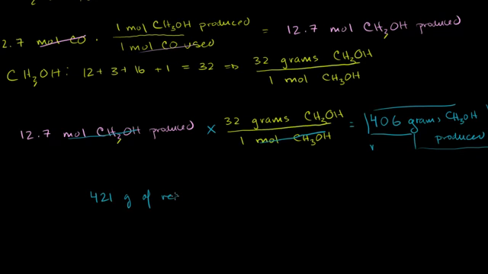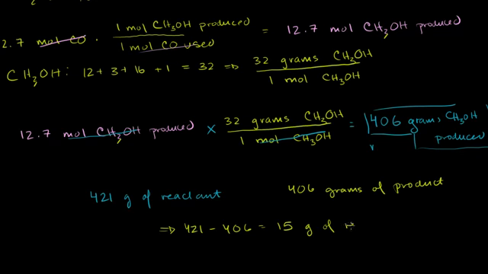And then we end up with 406 grams of product, of our methanol. So that means that 421 minus 406 grams of reactant was not used. So 421 minus 406, which is equal to what? 21 minus 6 is 15 grams of reactant not used.